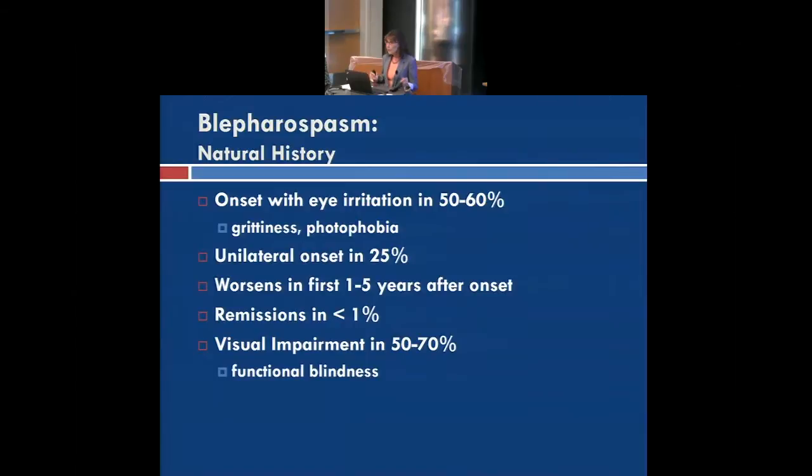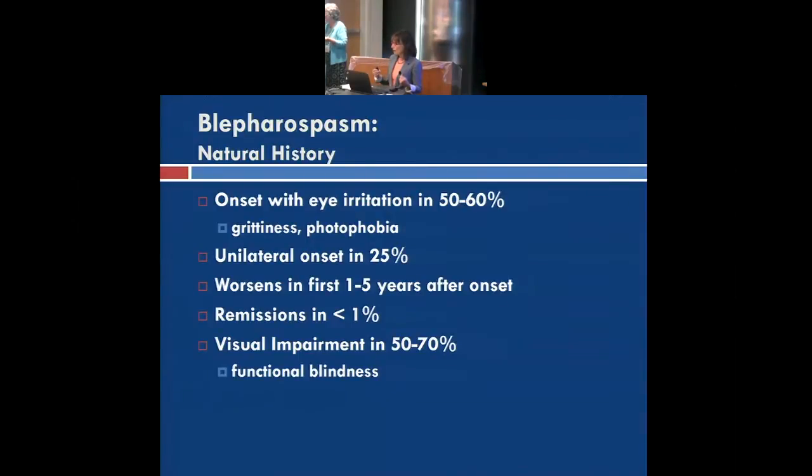Sometimes the condition can fluctuate, where there are periods of relative quiescence of the symptoms followed by periods where the symptoms seem to be exacerbated. The remission rate is really a hard number to come up with. How many people get better? We don't have that data. It's estimated that there may be partial remissions, meaning the symptoms abate somewhat, but in most people, the symptoms will return.